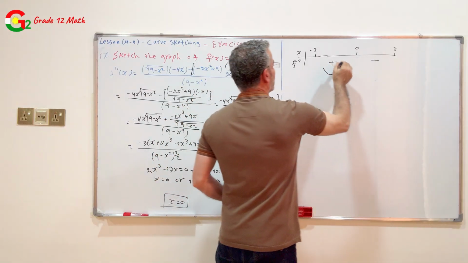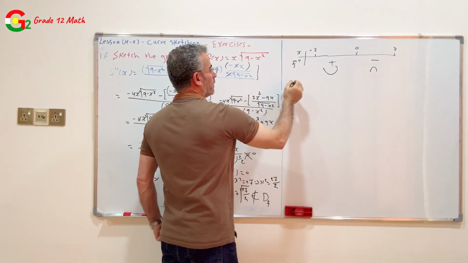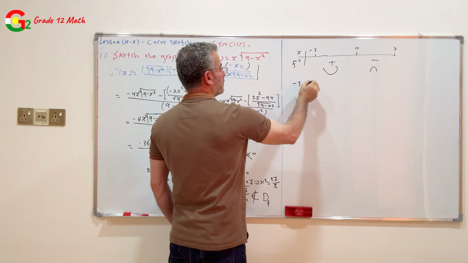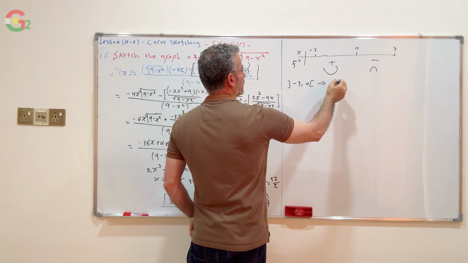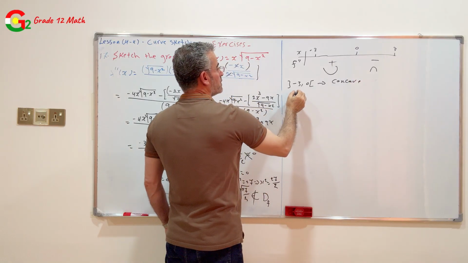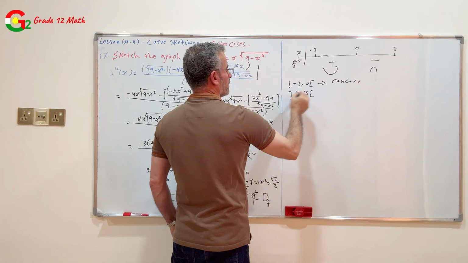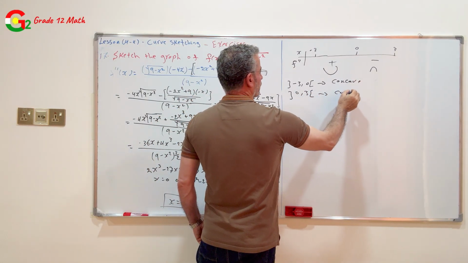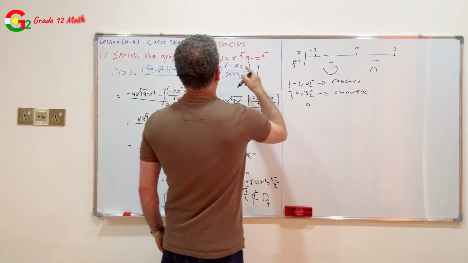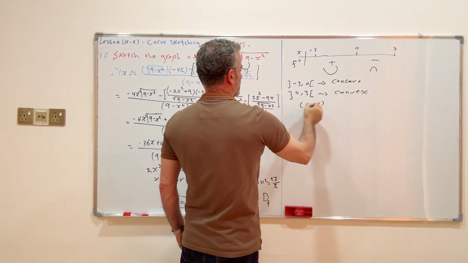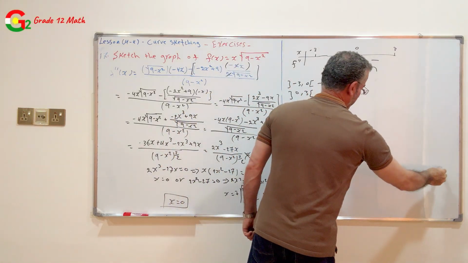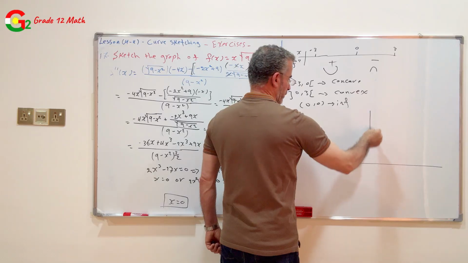Therefore, on the interval negative 3 to 0 it is concave, and on 0 to 3 it is convex, and 0 is an inflection point for this function.